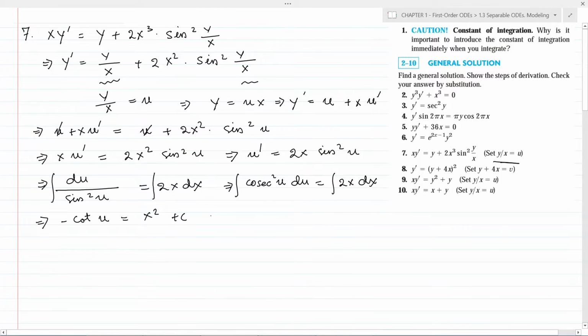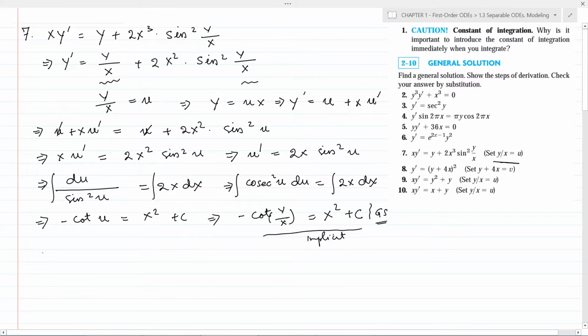We replace the value of u with y by x and this becomes minus cot y by x is equal to x square plus c, and this is the implicit solution. So this is the general solution of the differential equation.